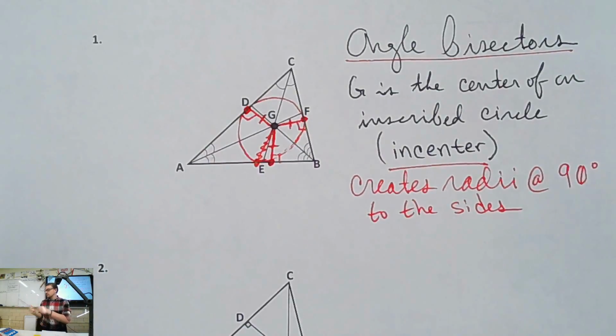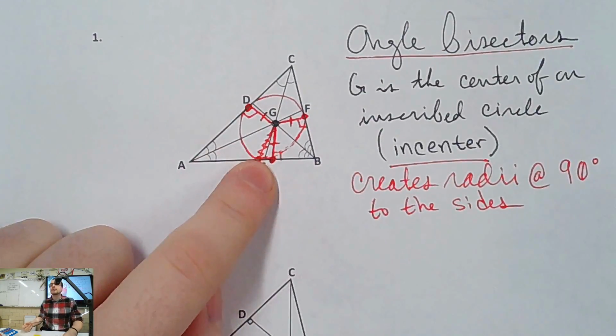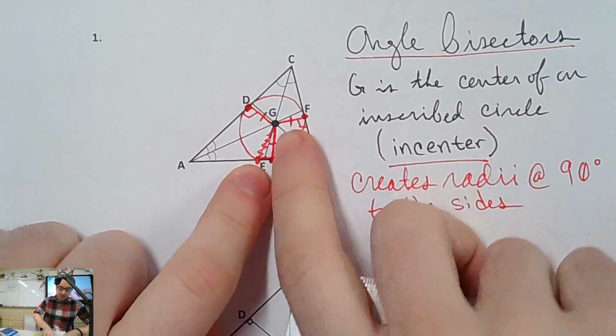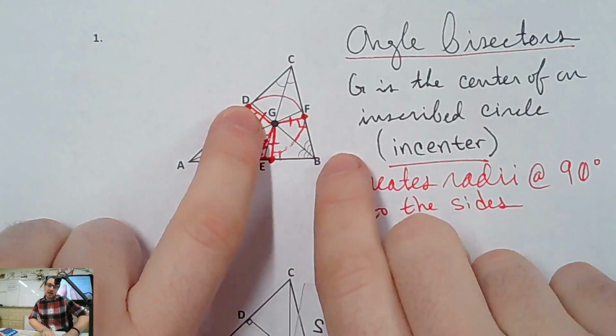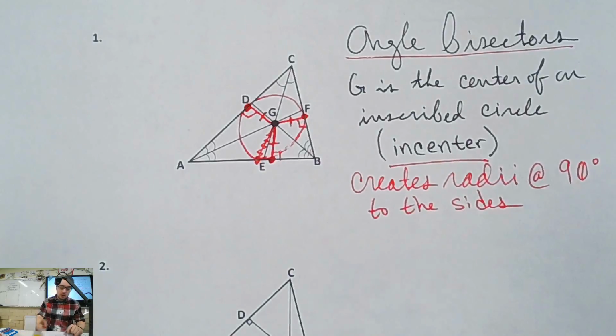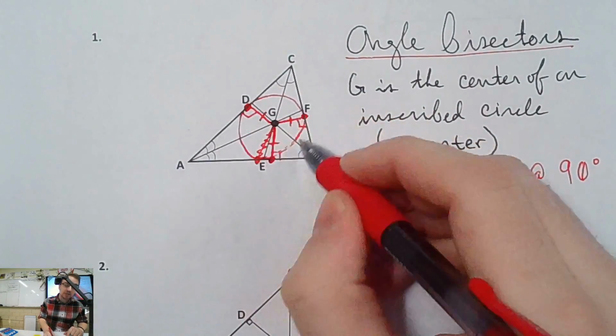If I go out this far from me over here, and this far from me over here, and this far from me over here, those points must create a circle around me, because they're all the same distance from me. So because G to the opposite side, and G to the opposite side, and G to the opposite side are all the same distance, we know that those points must make a circle.